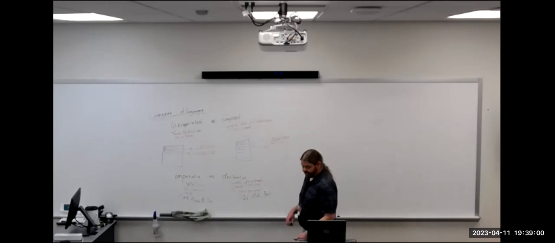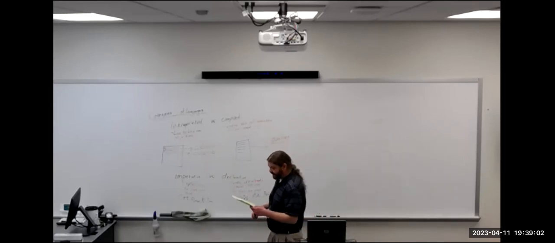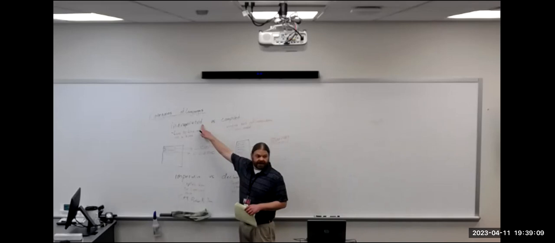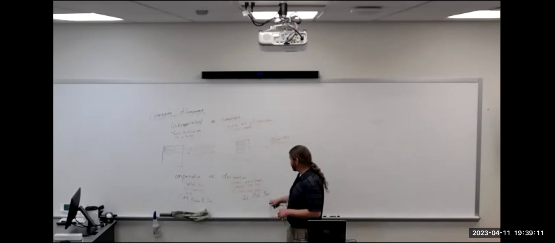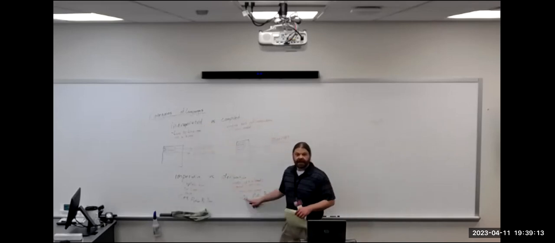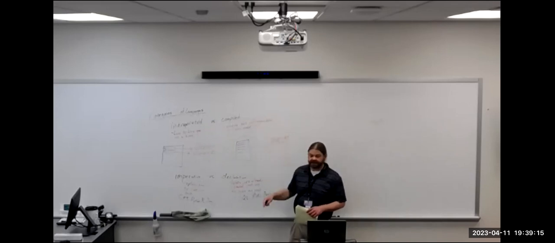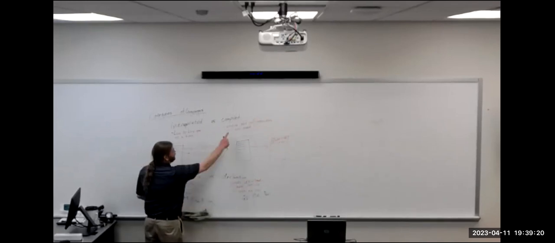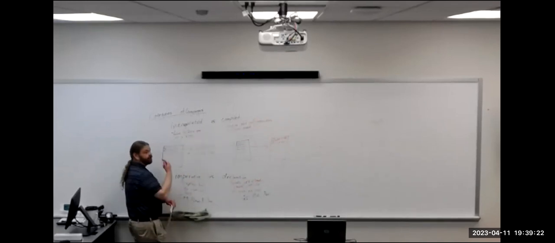There's a lot of overlap. So those can show up in other places too, because SQL and Bash would be interpreted languages. HTML is a compiled language. C++ and Java are compiled, Python and R are interpreted languages.